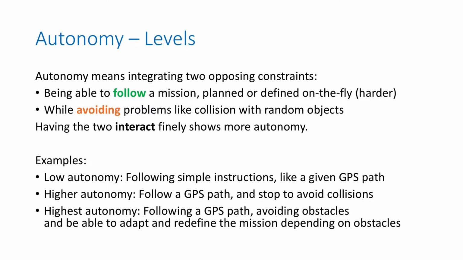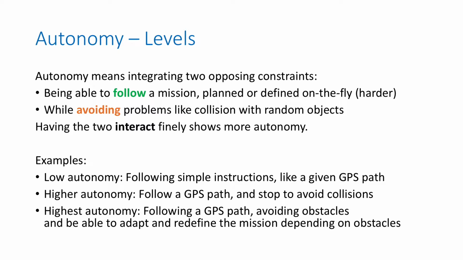Examples. A low level of autonomy for a drone is following simple instructions like a given GPS path without any additional features. A higher level of autonomy is to follow the same GPS path but be able to stop to avoid collision and to land or to go back, for example.